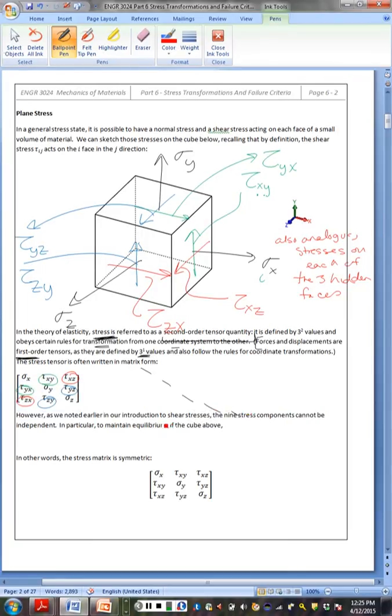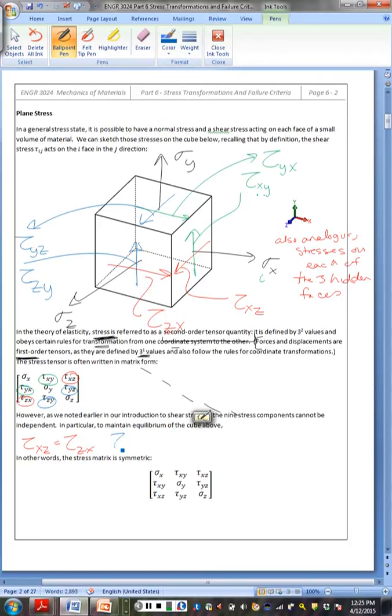Now, in order to maintain equilibrium, there are a few of these that we know the magnitude has to be equal. So we can say that tau xz is equal to tau zx.